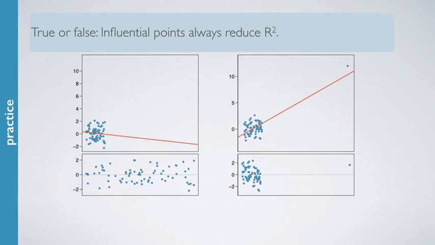The first plot does not have an influential point, and we can see that the regression line looks fairly horizontal, indicating that there is little to no relationship between x and y. In the second plot, we have an influential point that is far away from the trajectory of the original regression line and hence pulls the regression line to itself.